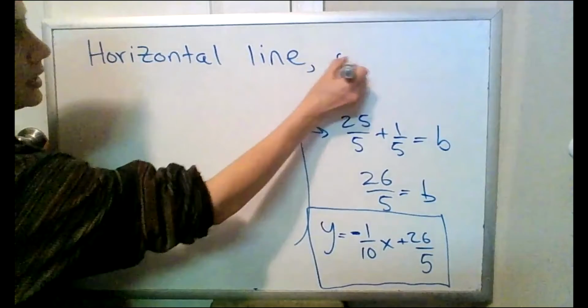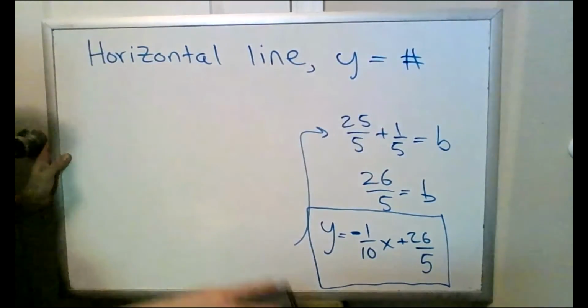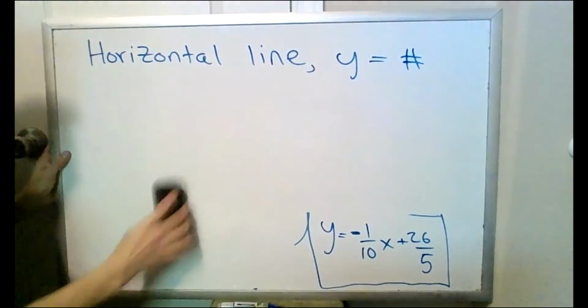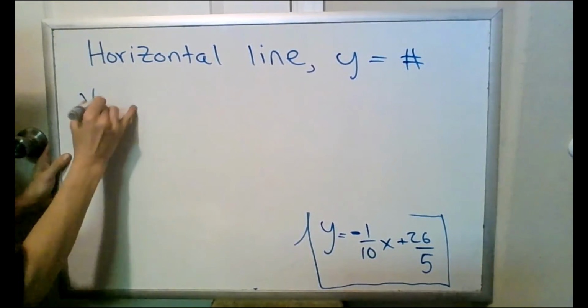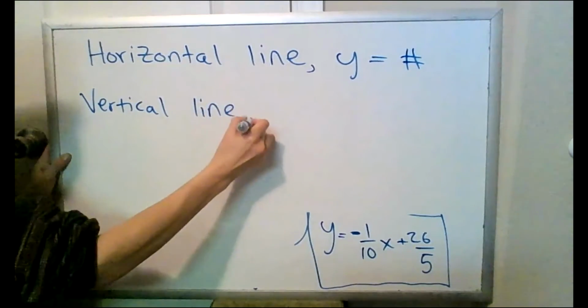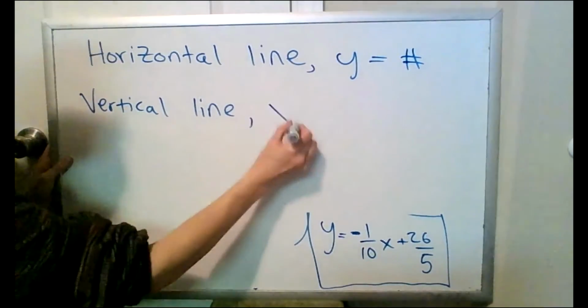So it's y equal to a number. Vertical lines have a form that looks like x equals some kind of number.